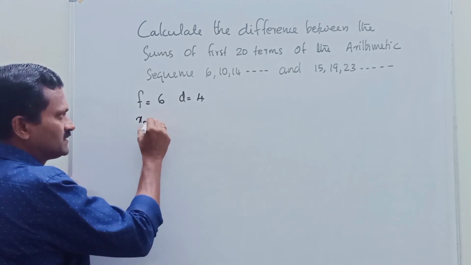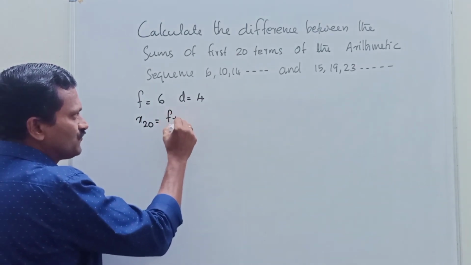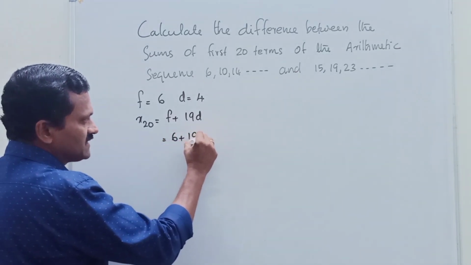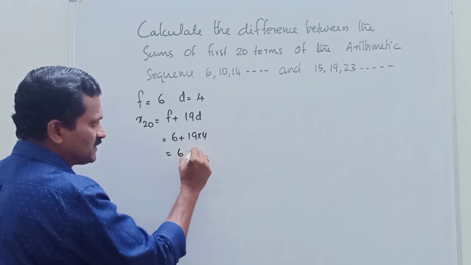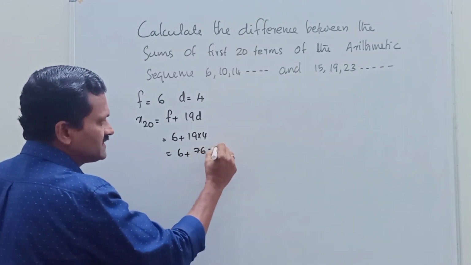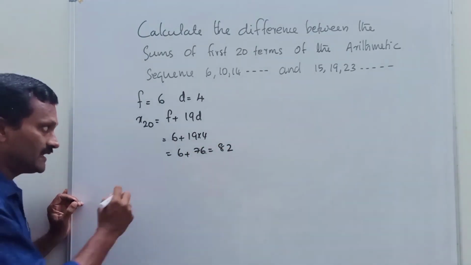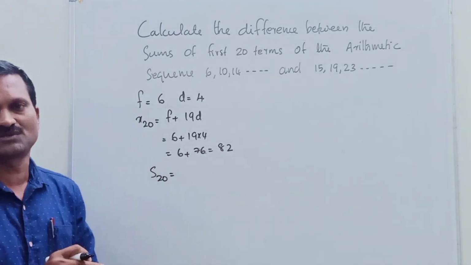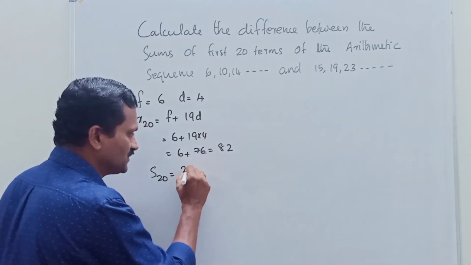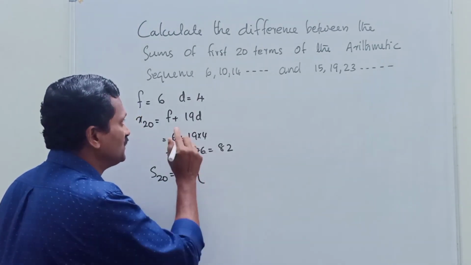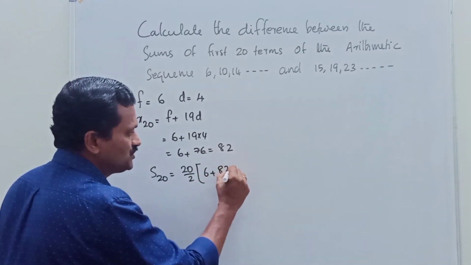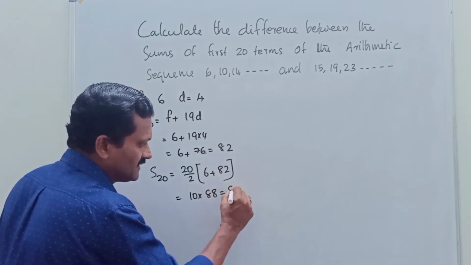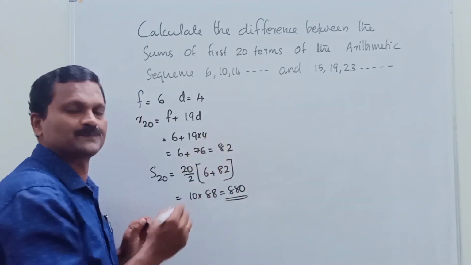Find the 20th term, that is x20 is the first term plus 19 times the common difference, that is 6 plus 19 into 4, that is 6 plus 76, which equals 82. Then the sum of the first 20 terms, denoted S20, equals 20 by 2 into the first term plus the 20th term, that is 10 into 88, that is 880.